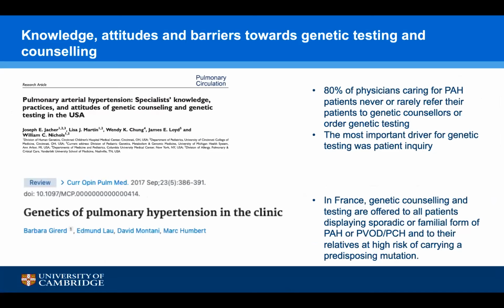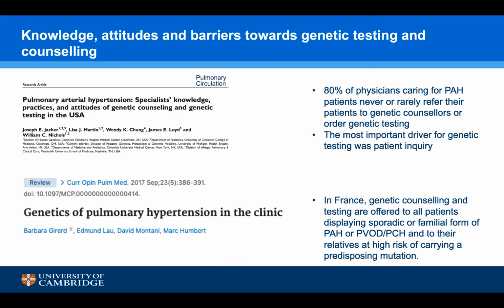Because the genetic diagnosis in the UK was mostly driven by research projects, we were very interested in the attitudes and barriers towards genetic testing in the NHS setting. And upon looking through the literature, we found that, for example, in the United States, over 80% of clinicians do not refer or only rarely refer patients for genetic testing.